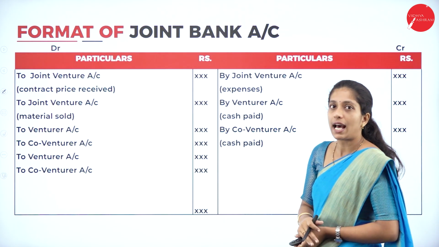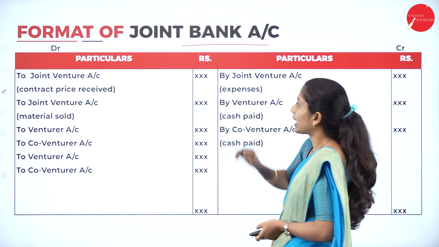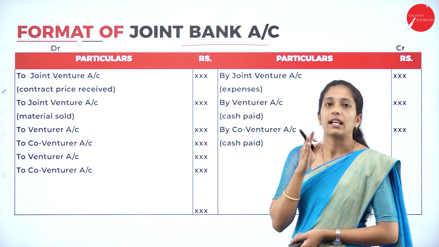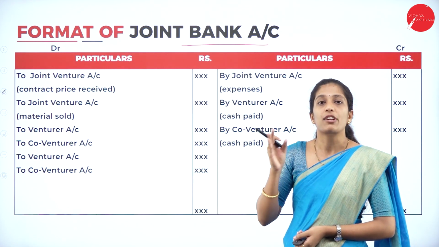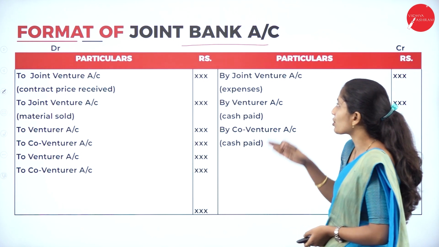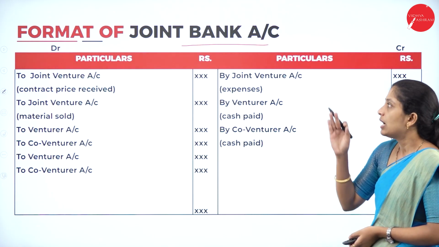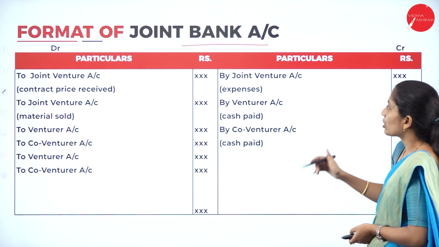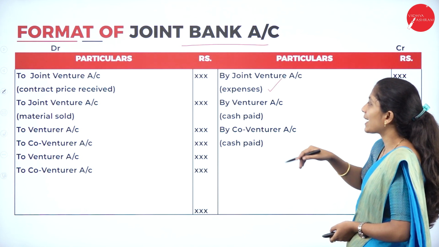Now coming to the last account, that is joint bank account. If you are familiar with entering entries in joint venture account and venturer's account, it is very easy to prepare joint bank account. This is the format of joint bank account: debit side particulars and amount, and credit side particulars and amount. On the credit side, you will record all the expenses.